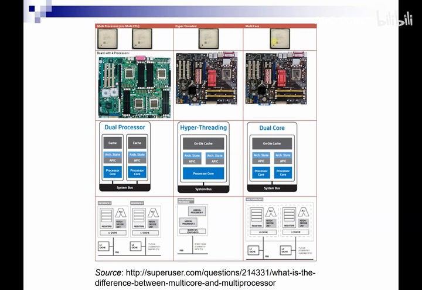Next, we could have a multi-core processor. So this is a single processor, but there could be multiple cores in here. And the diagrams below show again what is actually happening within the processor when you have these different types of processors.